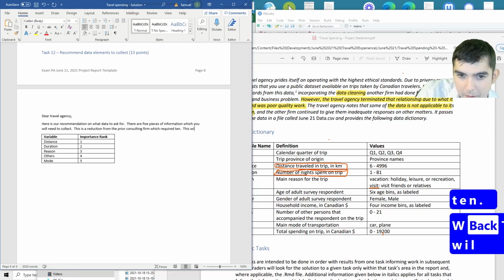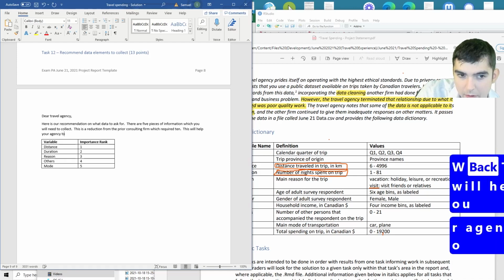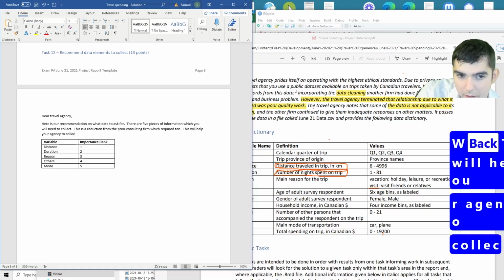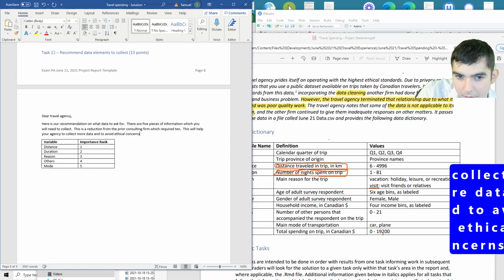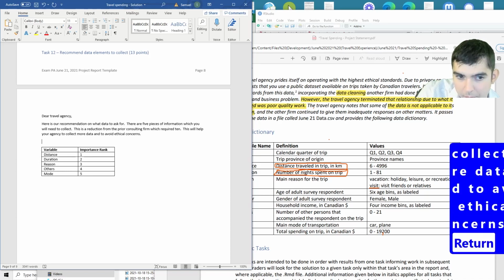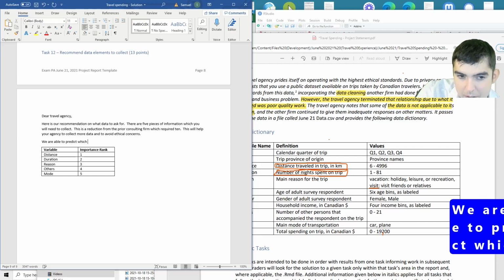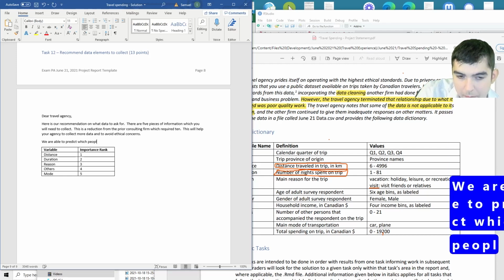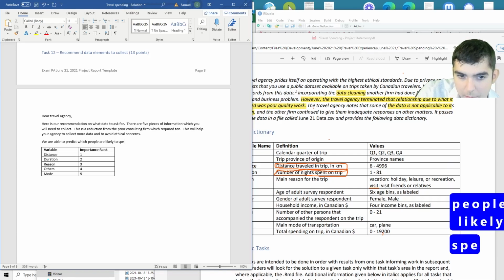This will help your agency to collect more data and to avoid ethical concerns. We are able to predict which people are likely to spend over $500 on trips.